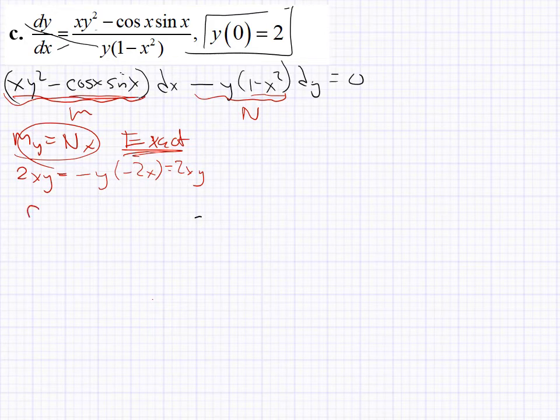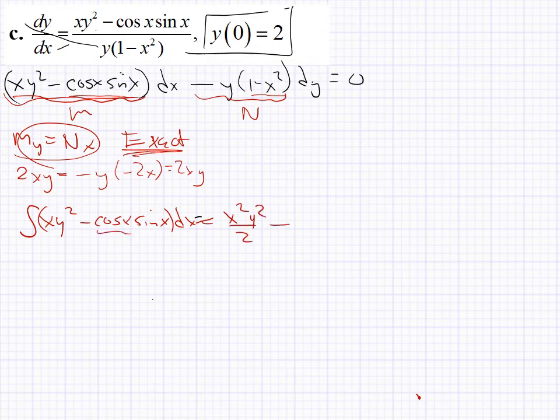All right, so now we've got to go about solving it. If we integrate M with respect to x, that's xy squared minus cosine x sine x, with respect to x. So x is the variable, so I'm going to get x squared y squared over 2 minus, if I do this with respect to x, I'm going to have to use u substitution.